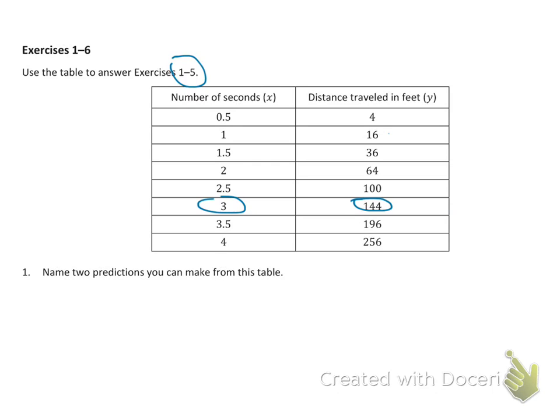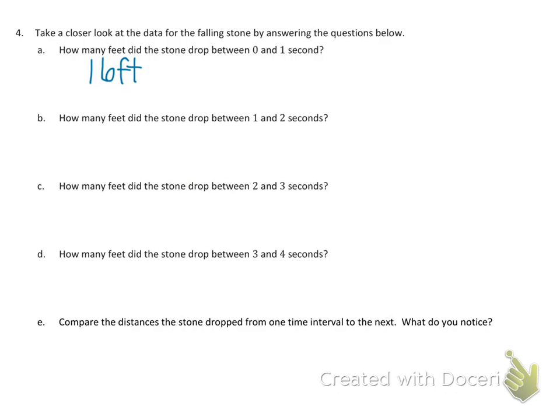And then at 2 seconds, it was at 64. So what I need to do is take 64 and subtract 16. So 64 minus 16 is 48 feet. Is that right?